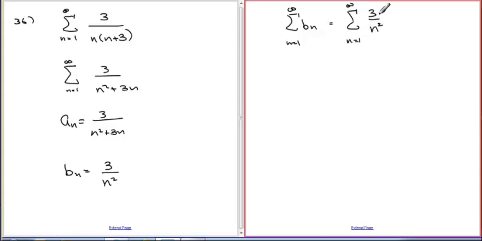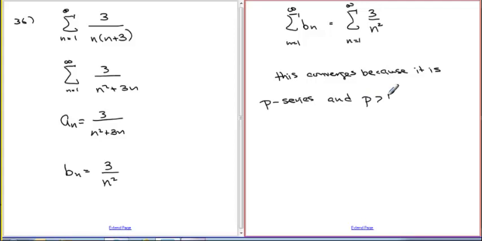And this is a p-series test. So this converges because it is a p-series and p is greater than 1. It's 2.